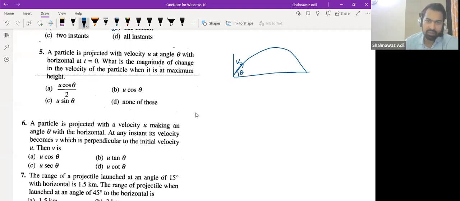What is the magnitude of change in the velocity of the particle when it is at maximum height? Okay, so I will give one hint to you guys: what is the initial velocity vector? Can you guys tell me?